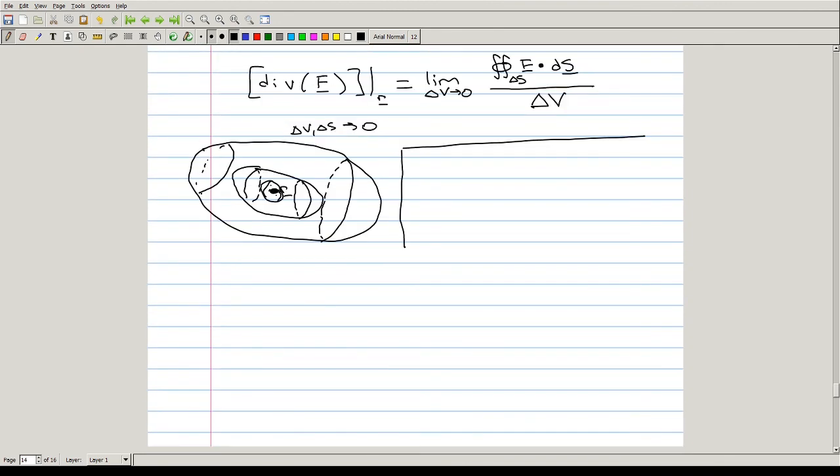The general idea is that this difference quotient is the net flux of F through S divided by the total volume, delta V. And we can use this as a useful approximation tool.